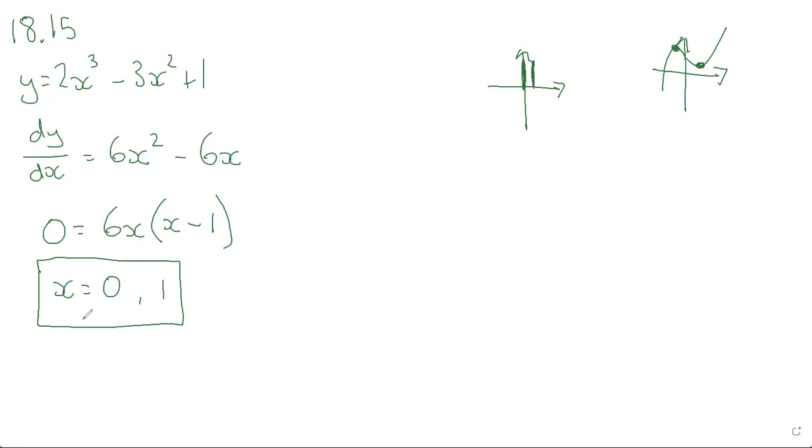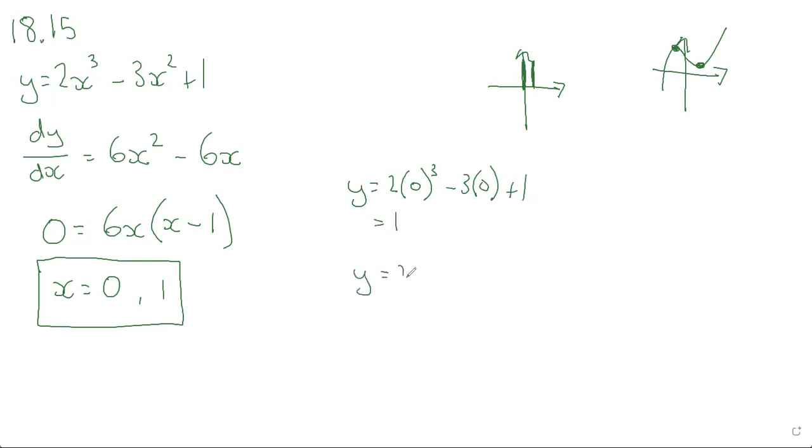So what I'm going to do is use these values, put them back into my original function, and discover where they might be. So the first thing I'm going to do is say y equals, and I'm going to substitute in 0 instead of x. See what I get. That all equals 1, right? This is 0 minus 0 plus 1.